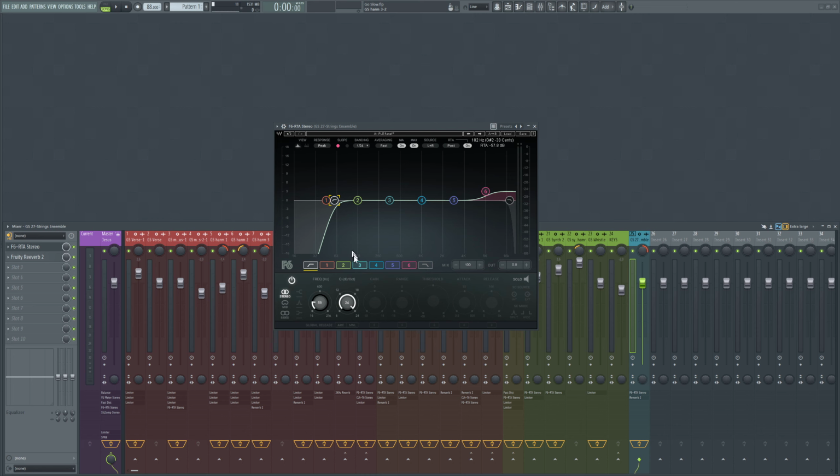And also I did an EQ move here at 8K, high shelf, 0.9 Q factor, with a gain of 3 decibels. What this does is it brightens up the strings ensemble. And that's pretty much it for the equalizer.